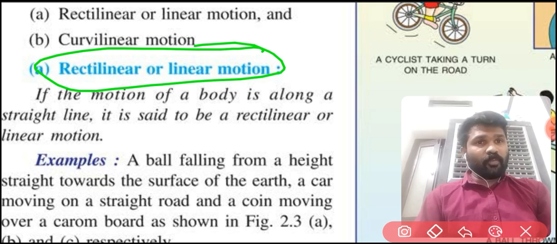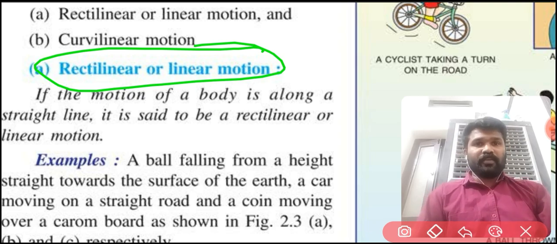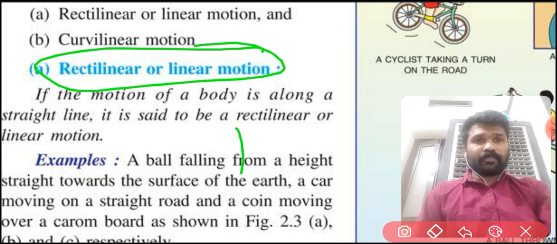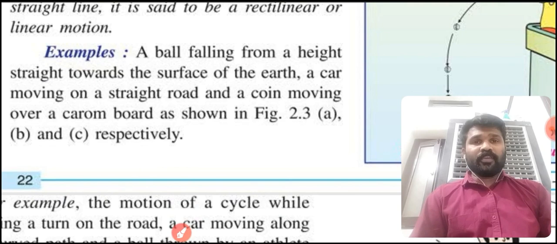If the motion of a body is along a straight line, then we say that motion is rectilinear or linear motion. Examples: a ball falling from a height straight towards the surface of the earth.